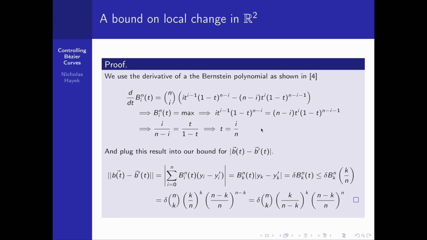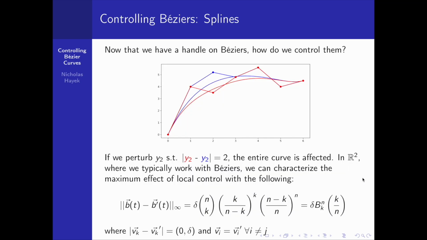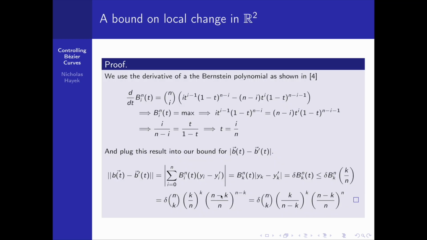And from there, it's really just plugging that in for this infinity norm, because of course, wherever this maximum occurs is where the maximum of this difference will occur, because of the fact that these B_k^n will come out and you'll just need to maximize this. And so we see that yes, this term is less than that for any t, and that's the result we were looking for. And so we can expand that out and come to this nice clean form.